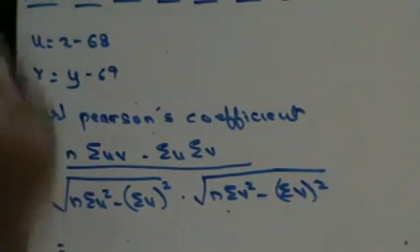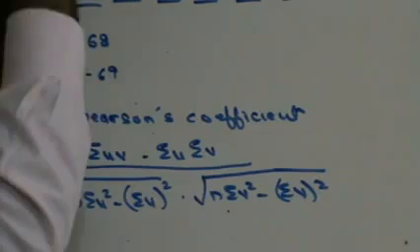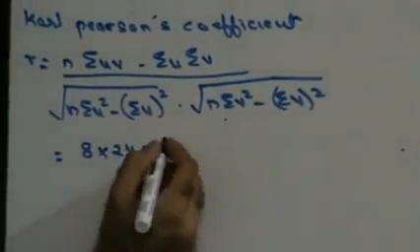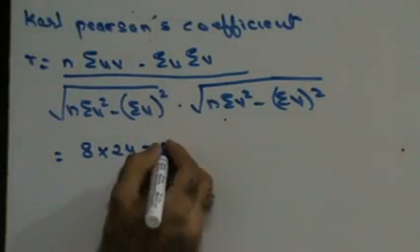N is the number of terms: 1, 2, 3, 4, 5, 6, 7, 8. There are 8 terms. So n times sigma uv, where sigma uv is 24, minus sigma u into sigma v.